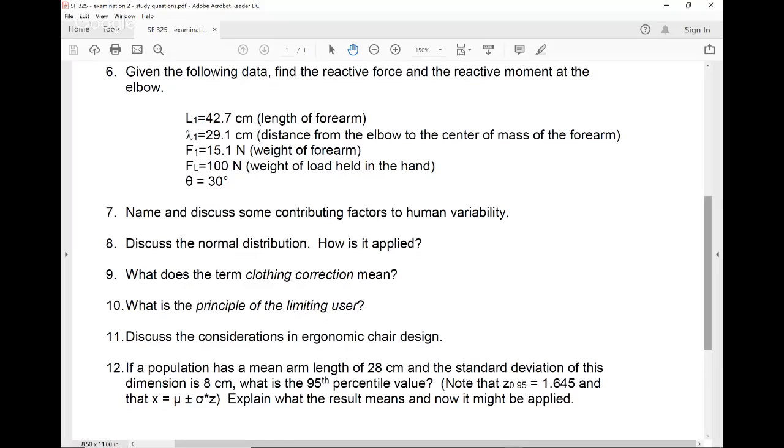So we have 15.1 times our distance, which we need to do in meters, remember? 29.1 centimeters is the same thing as 0.291 meters.